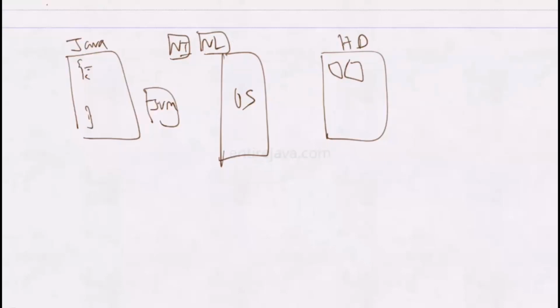If you remember, we've talked about native interface and native libraries when we talked about the Java virtual machine architecture. So this is where these two will come into picture. So first, JVM needs to place a request to the operating system asking that it wants to do something with the local system files. Now the operating system will either reject or grant that request.